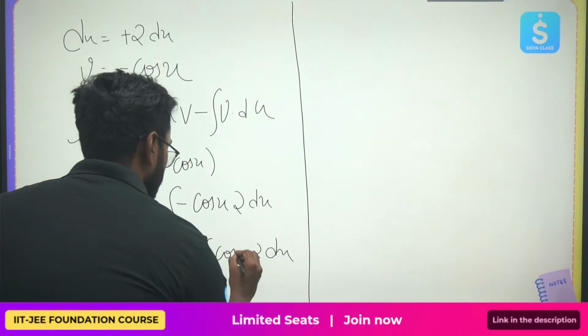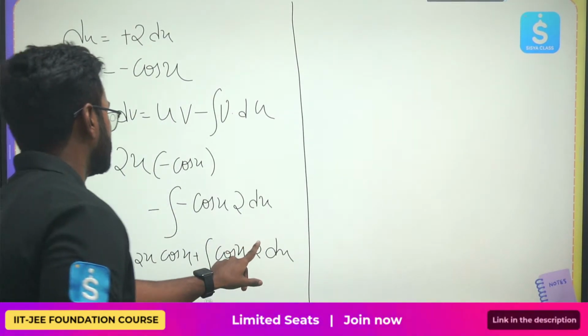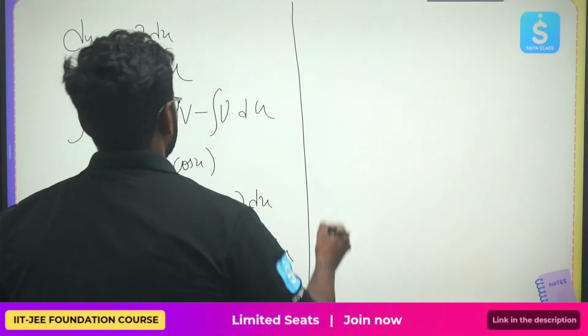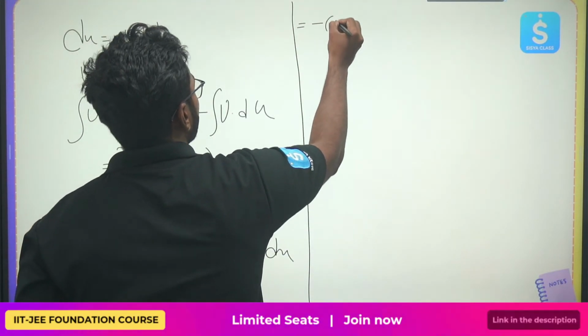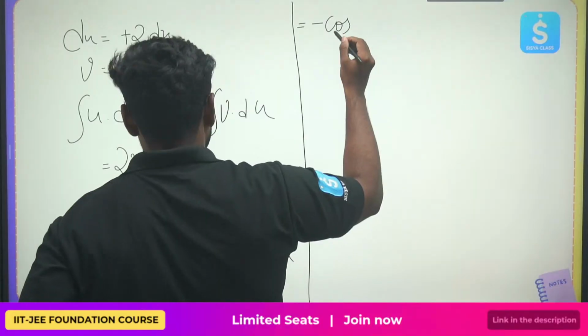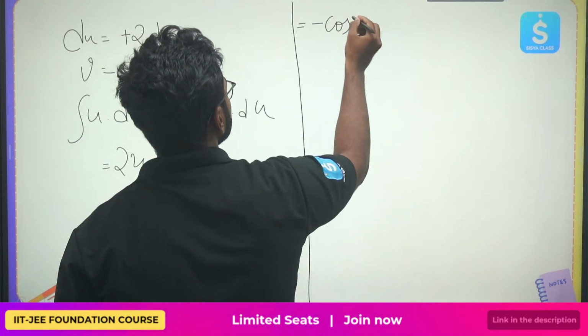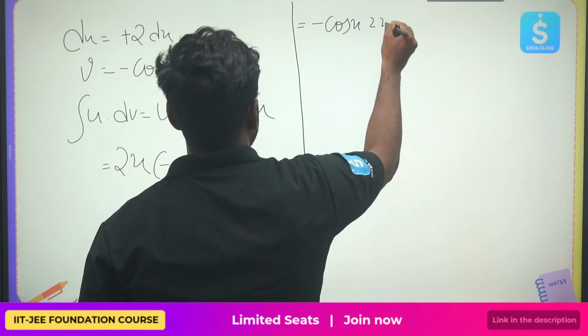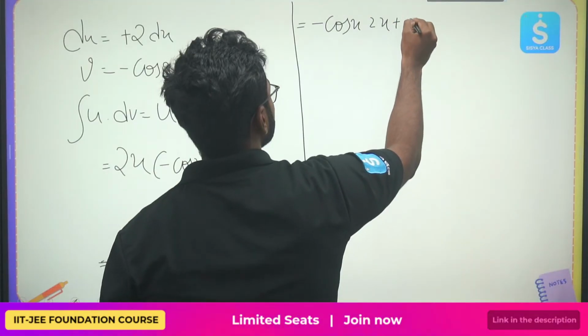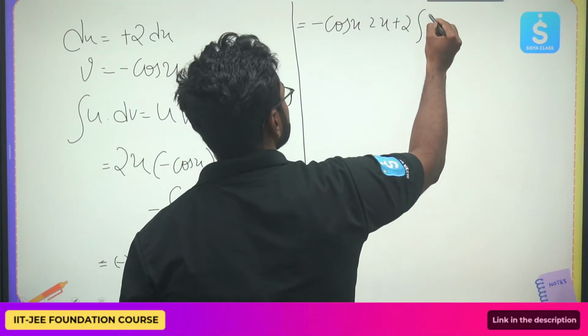Now, if I take 2 outside, that should be minus 2x cos x plus 2 integral of cos x dx.